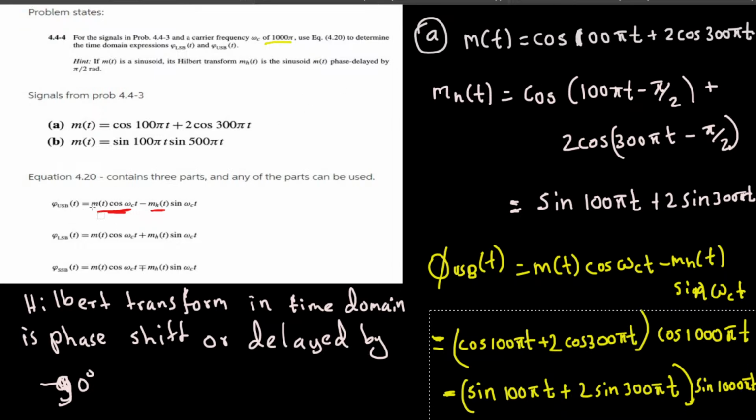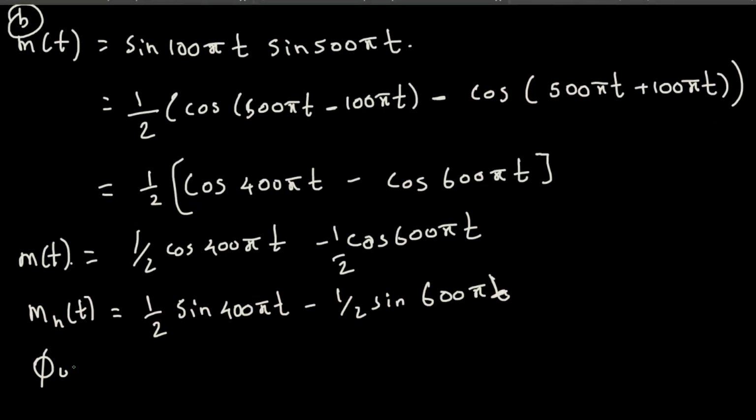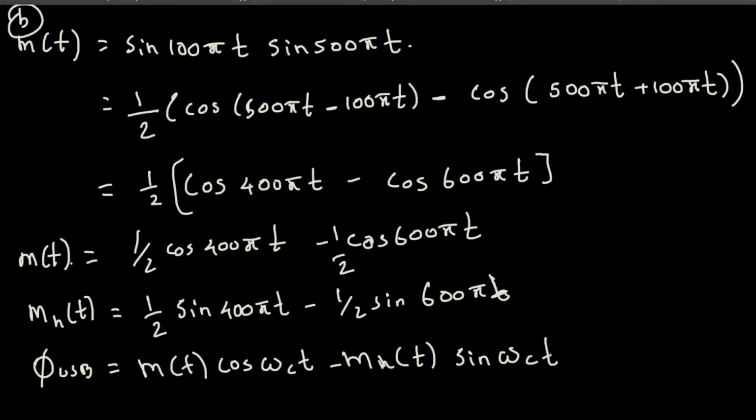Phi USB is given by m of t cos omega ct minus mh of t sin omega ct. Here mh of t is the Hilbert transform, multiplied by sin omega ct, and we have the values here. Let's use a different graph.